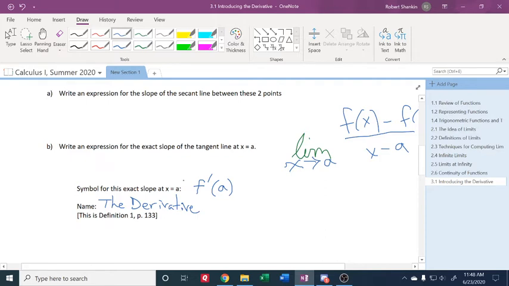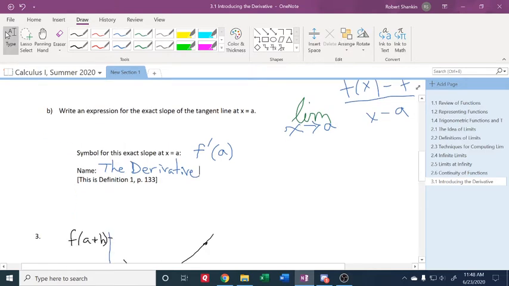And this is the fundamental concept in all of calculus. If you take calculus 1, 2, and 3, we will spend a great deal of time on the derivative and then the inverse of the derivative, which we'll eventually call the integral.